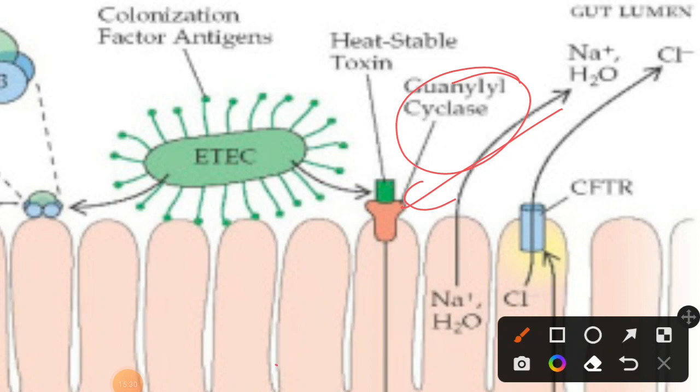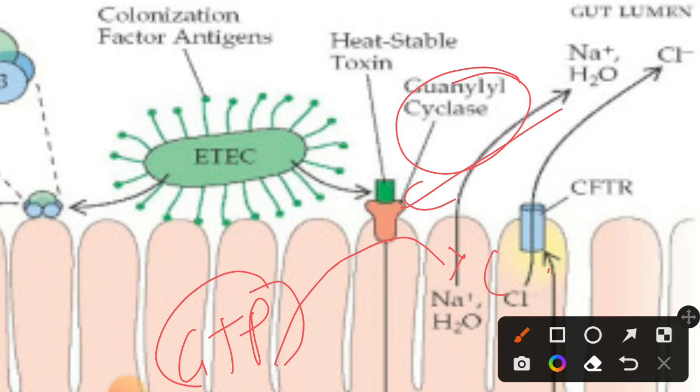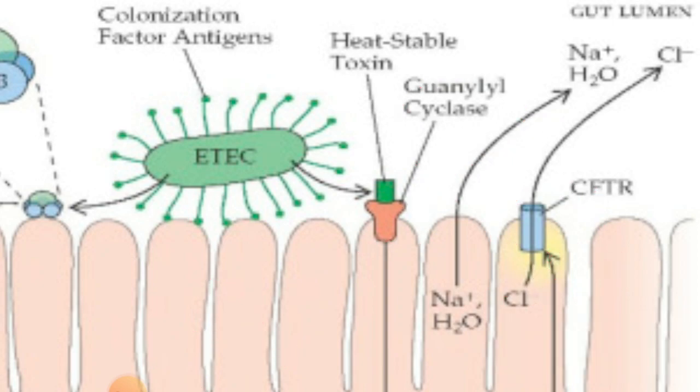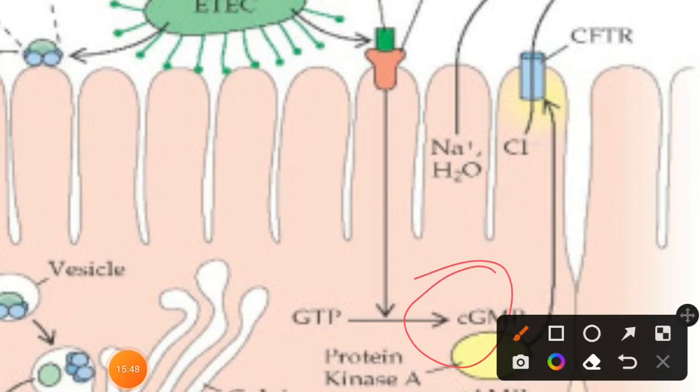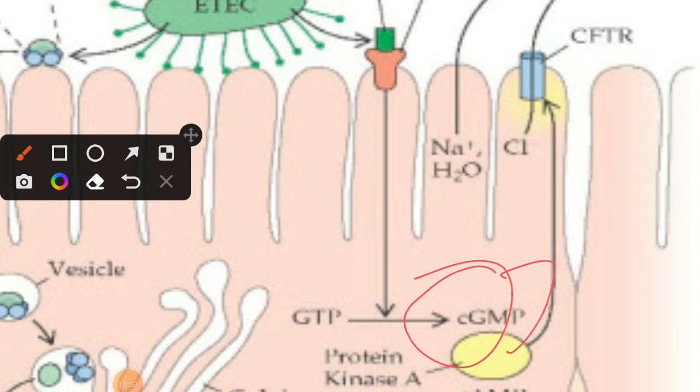And what will be the consequences? Yes, you are right. The GTP molecules present inside the cell will be converted into cGMP molecules. Okay, so there will be a higher concentration than usual of cyclic GMP. And this cyclic GMP will activate protein kinase A for a longer time.